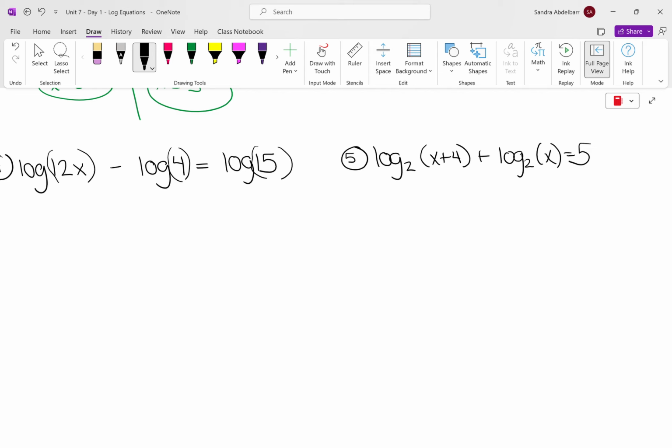And can you simplify this? 12x divided by 4. So now that you've got them both down to 1 log, and they have the same base, you're just going to set the arguments equal to each other. Try the next one.